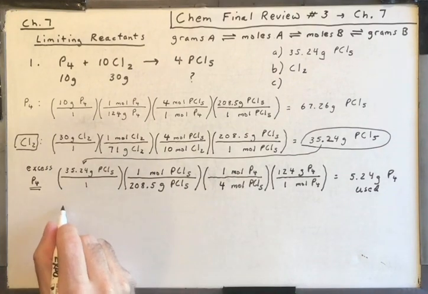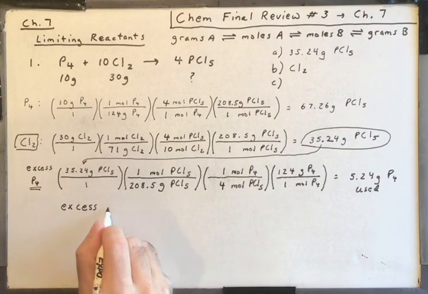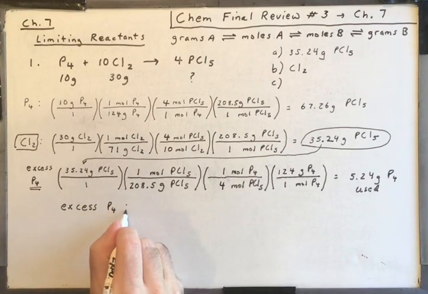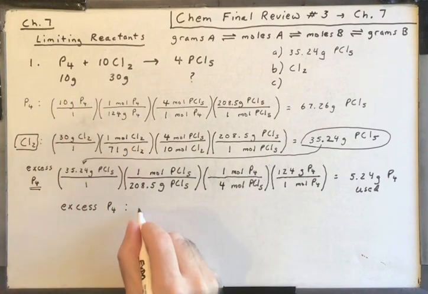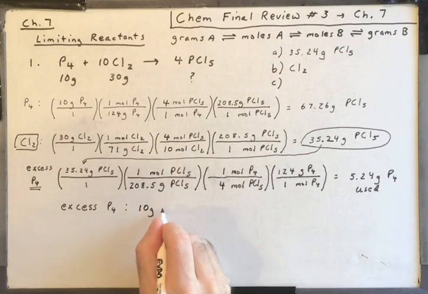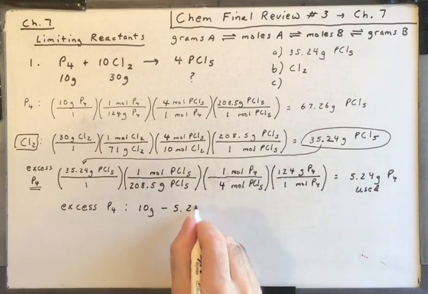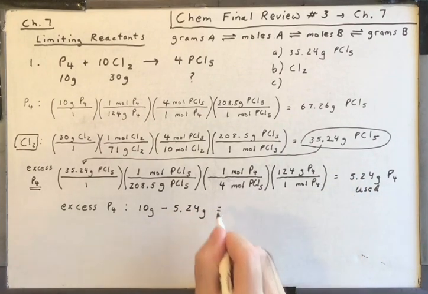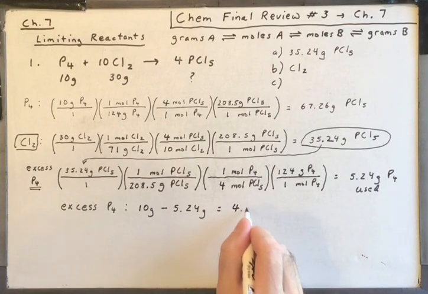That's how much got used up in this reaction. So how much is excess? Well, what did you start with? You started with 10 grams. Subtract out how much you used, 5.24 grams. And what is remaining is 4.76 grams.